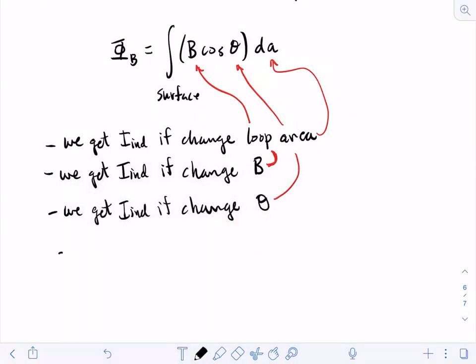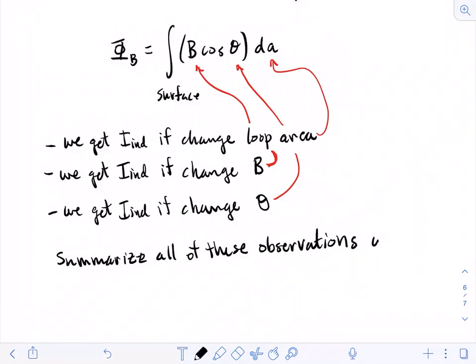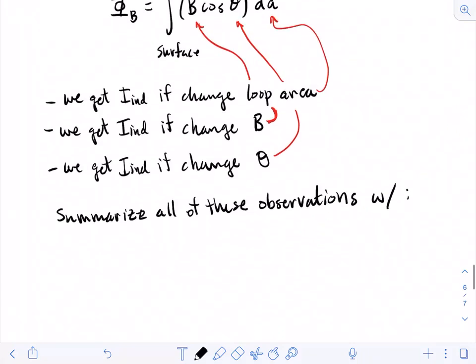So we can summarize all of these observations with the following statement.